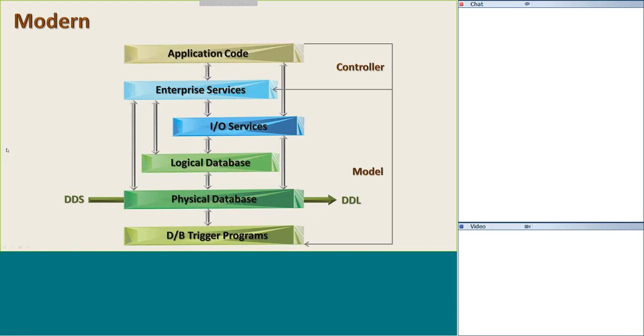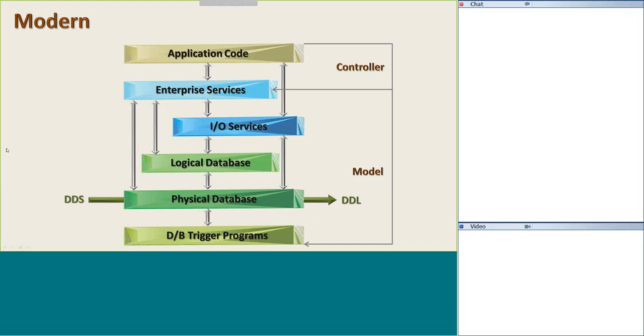The typical example, which I think I've used on numerous different occasions, are tax calculations, quantity discount calculations, all of these things which actually are used in different parts of the application for different purposes. They should be consolidated into enterprise services.